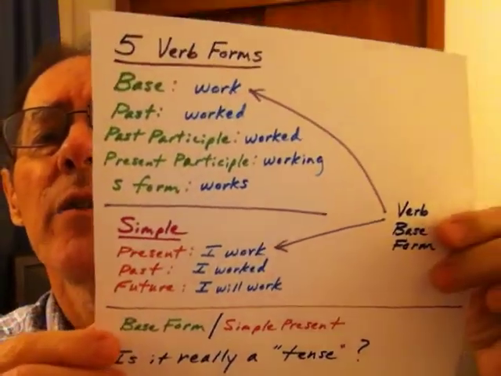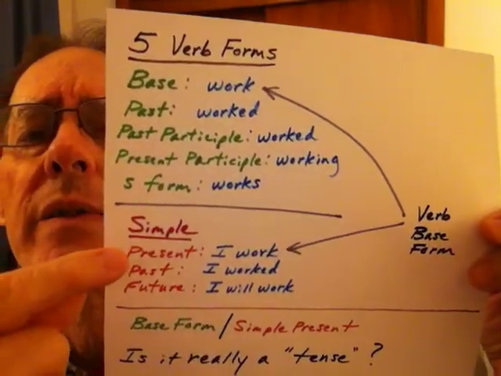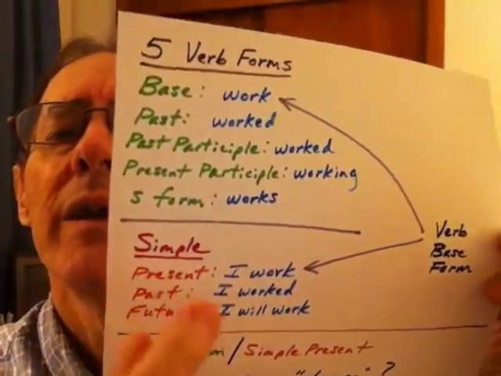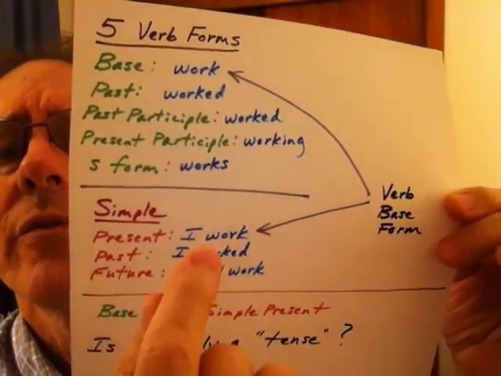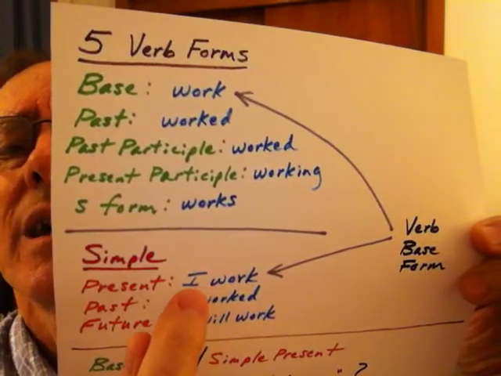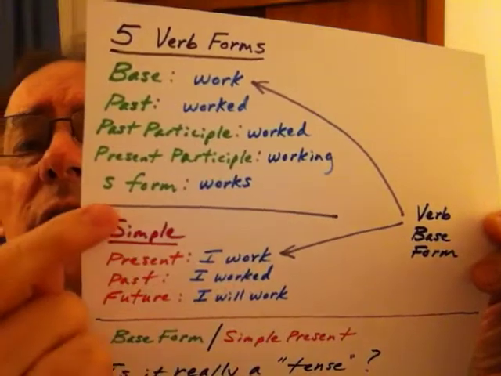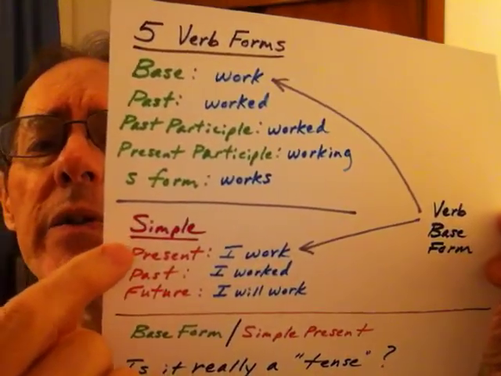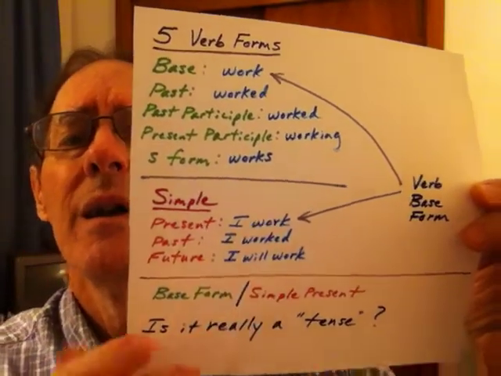And you see here that for your simple present tense, one of the total 12, your verb form is your verb base form. See, I work, and work is your base form. So in your simple present tense, the verb base form is employed, and we have to talk about that because that's very important.